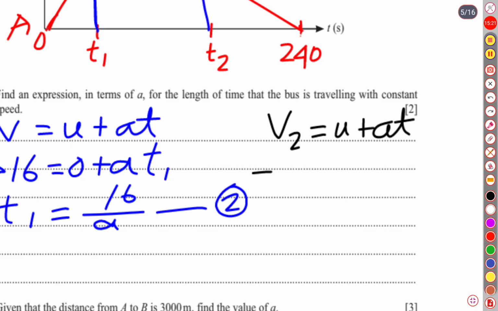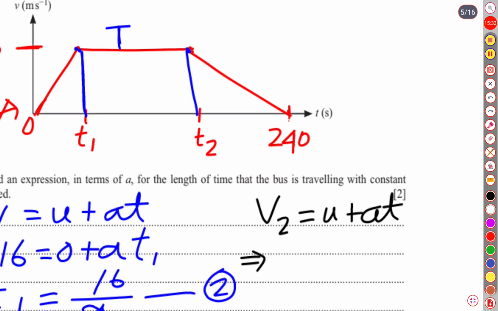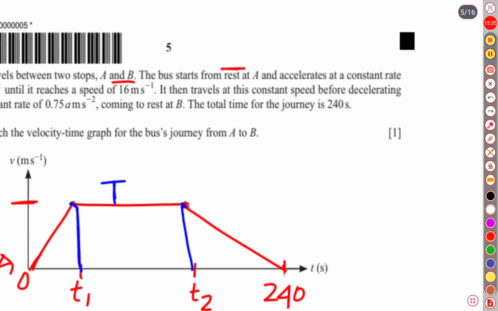So final velocity in the last phase, third phase of the journey, if we look at this, we will find final velocity is 0, because it came to rest at B. Suppose there is B over here.